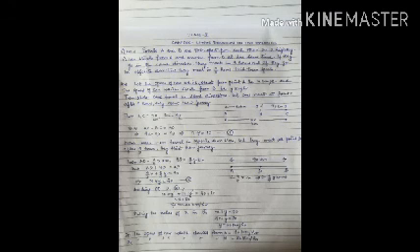So 40 plus y is equal to 70. It means y is equal to 30 km per hour. So we have calculated both x and y. x was the speed of car A and y was the speed of car B. So speed of car A is equal to 40 km per hour and speed of car B is equal to 30 km per hour. Thank you.